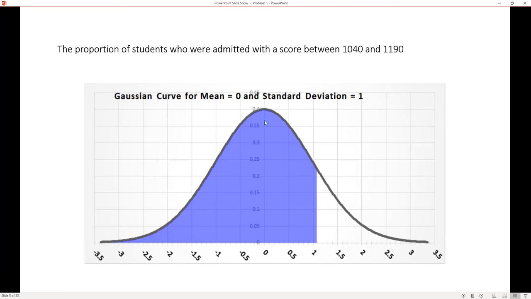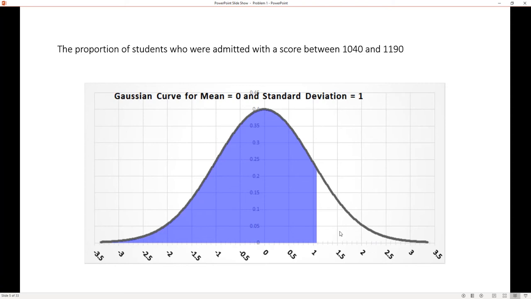I did mention earlier that half of all the data falls to the left of my mean, and in this case my mean is 0, and half falls to the right.